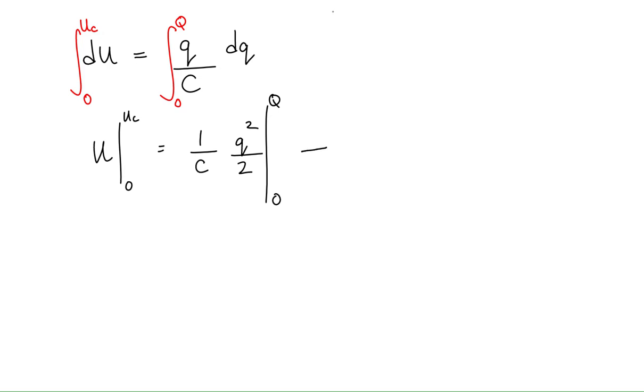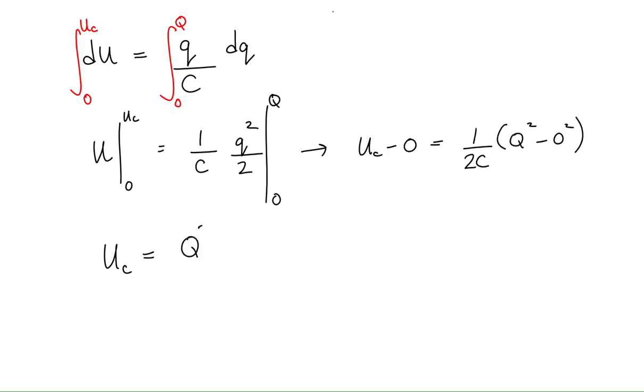And this then becomes the electric potential between two plates is equal to 1 over 2C times Q squared minus 0. Or in other words, we now have the potential energy stored by our capacitor. The potential energy stored by our capacitor is equal to the charge on a plate squared divided by 2 times the capacitance of our capacitor.